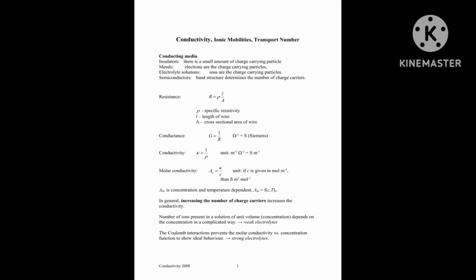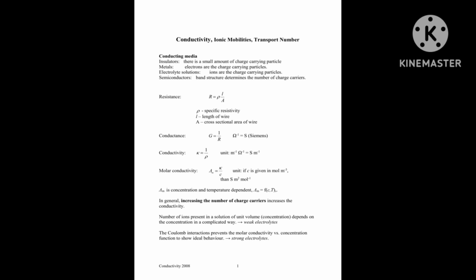Then from the first data I will calculate the cell constant. And now when you know the cell constant, then you can calculate kappa very easily, because for the second experiment the resistance value for 0.02 is given, 520 ohm.